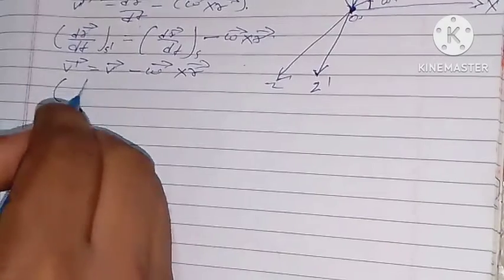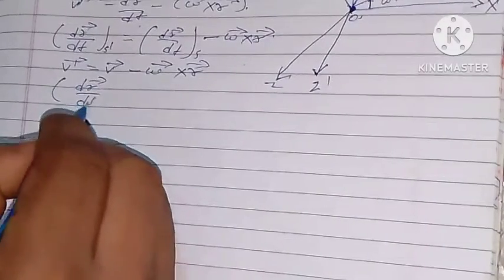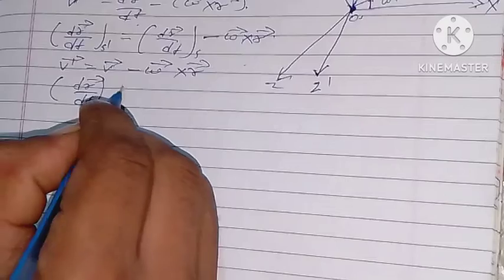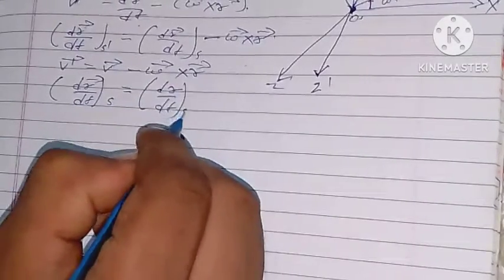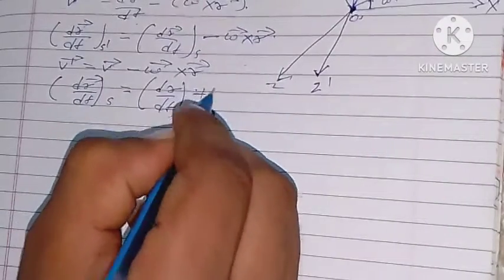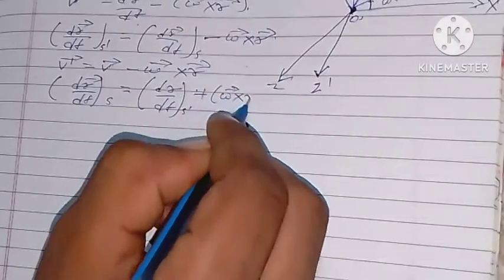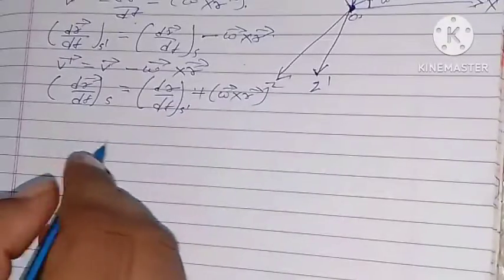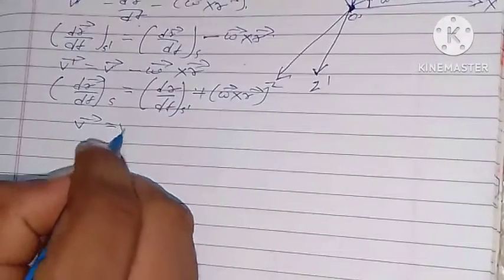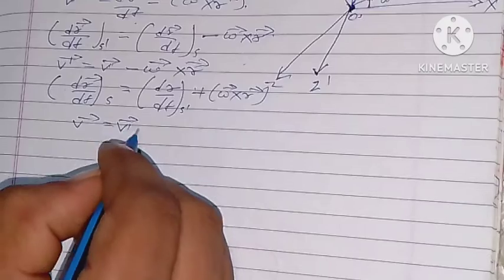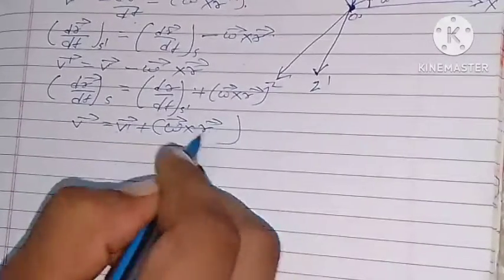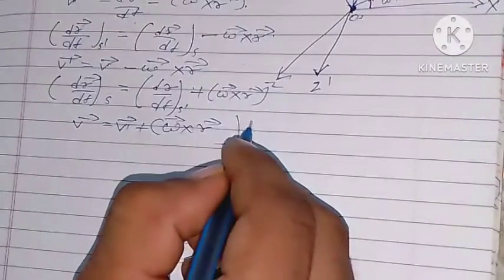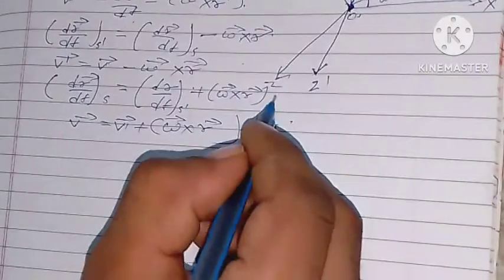So vector dr upon dt in S equals dr upon dt in S dash plus vector omega cross vector r. So vector v equals vector v dash plus omega cross vector r. This is equation number 1.